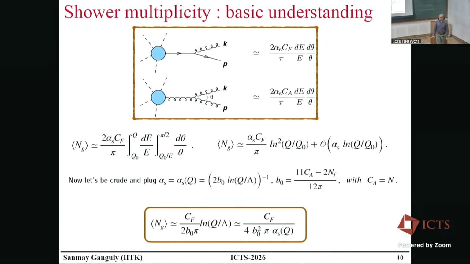It's just a nice little formula. If you take a slow variation of alpha s, put in something like 0.12, and plug in the rest of the numbers, you will get an average multiplicity of 2. You know the values of CF, B0, everything is given, and choose a value of alpha s, 0.1-ish, and you will get the number 2.